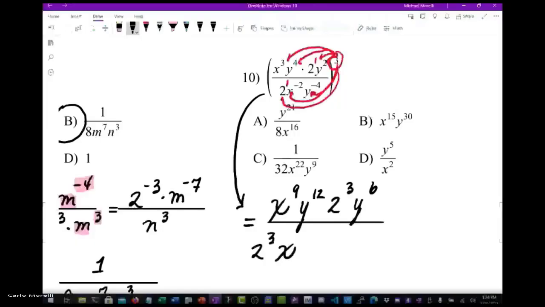On the bottom, it's 2 raised to the power of 1 times 3, or 2 to the 3. X raised to the power of negative 2 times 3, which is negative 6. And y raised to the power of negative 4 times 3, which is negative 12.